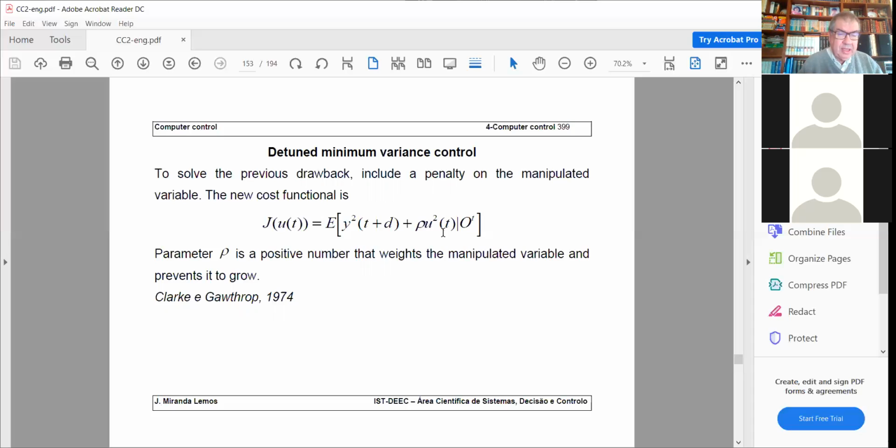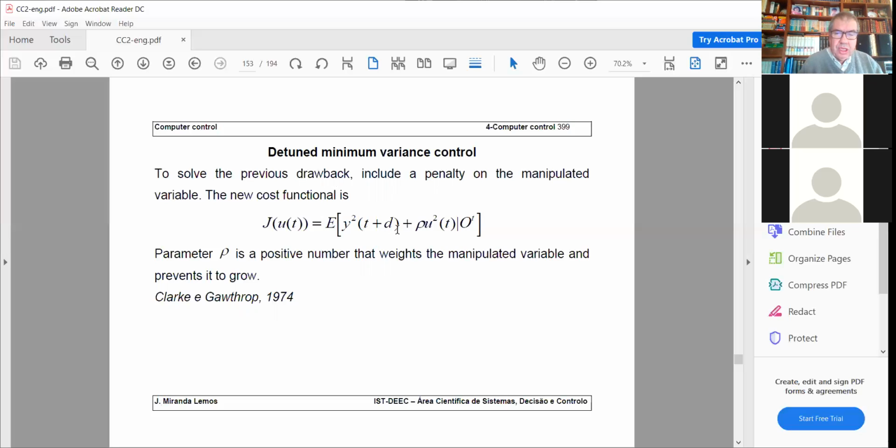We said, okay, let's define a control function that we want to optimize to find the control, which is the variance of the output at a time in the future, which is the present time plus the plant delay. Okay, that's minimum variance control. And by using the formula for the division of polynomials, we obtained the control law.